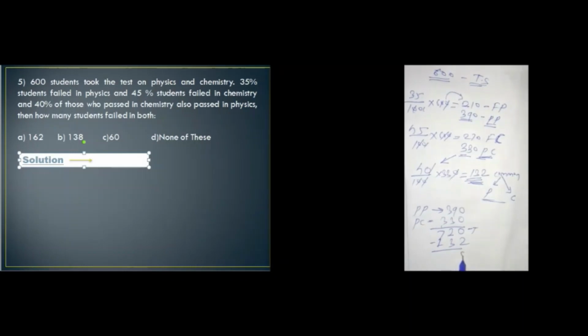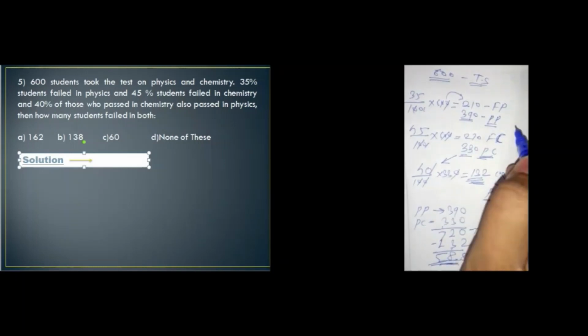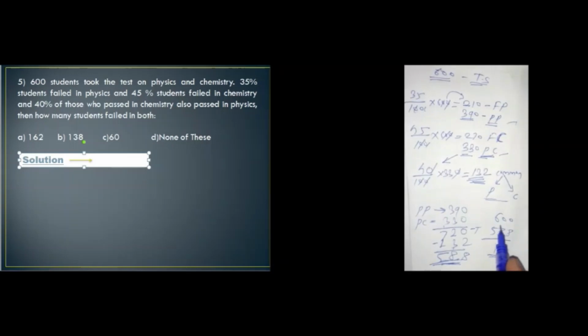So it will come out as 588. So effective students are 588, those who passed in physics or chemistry. So remaining, that means total are 600, passed are 588, so remaining students are 12. So these total students are 600.